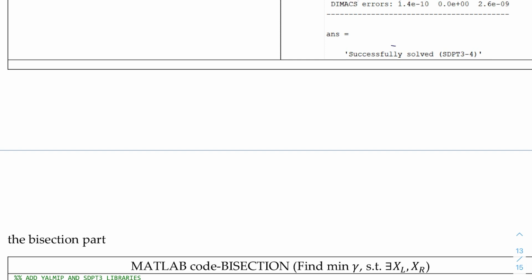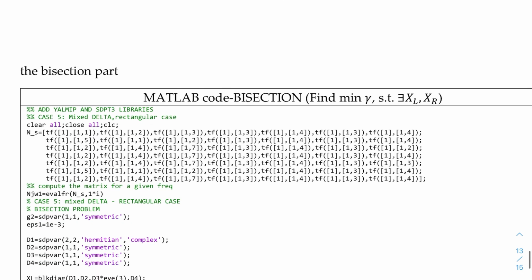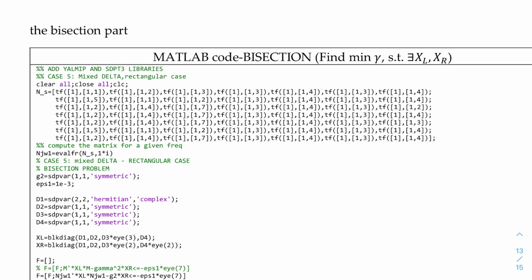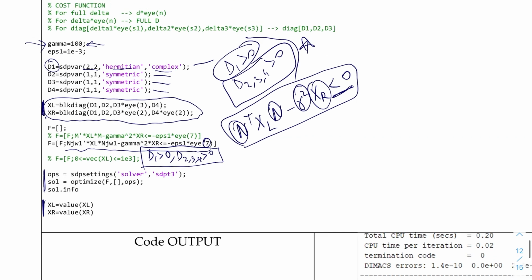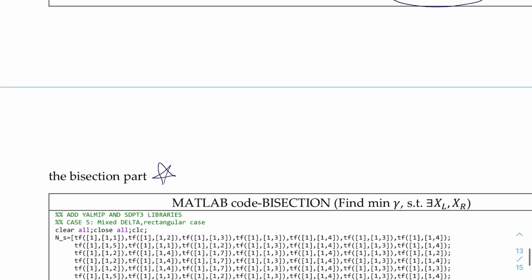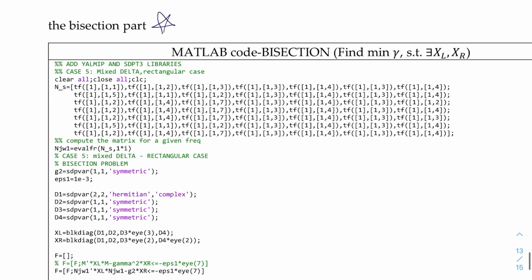This is not bisection. This is way easier. It says successful solve. This is a way easier version of it. And now the real one. To be honest with you, I didn't need to show you this. However, without showing the feasibility, I thought it wouldn't be as complete as I would like it to be.